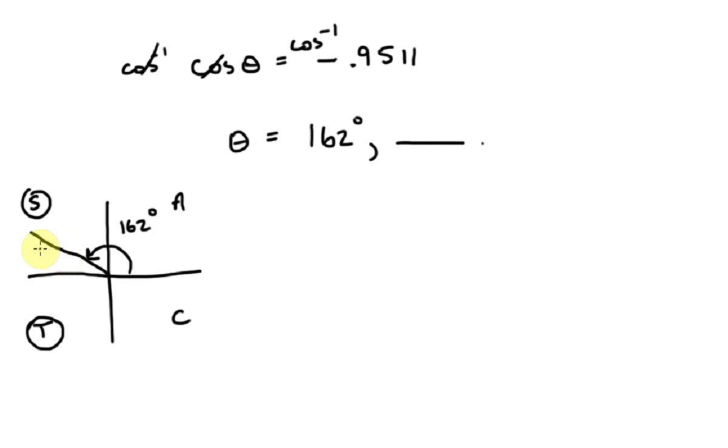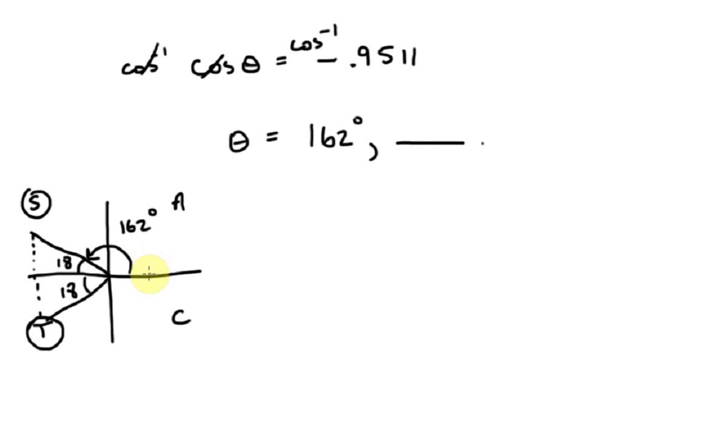So I want to build essentially the same little triangle in this quadrant. So this is really what I'm after, is they got to have the same little reference angle. Now you can do this one of two ways. You can determine the reference angle, which turns out to be 18 degrees, and you build it in this triangle here, and then you say, okay, all I got to do is name the angle now.